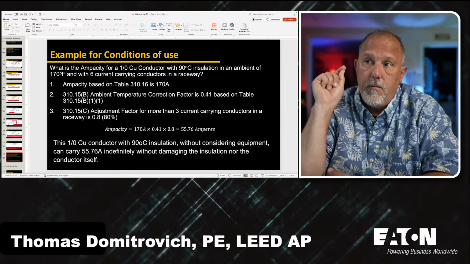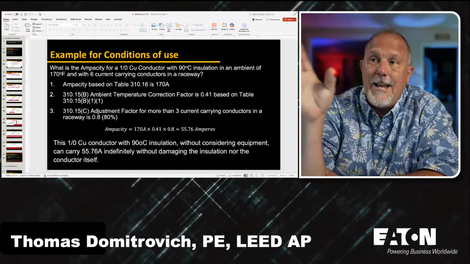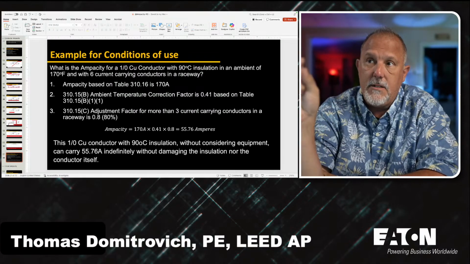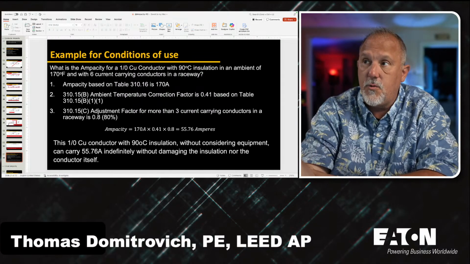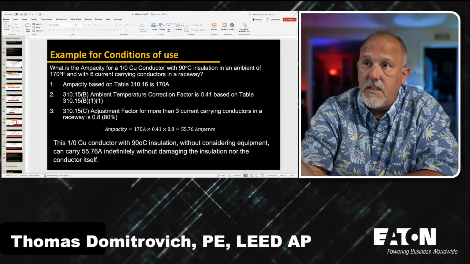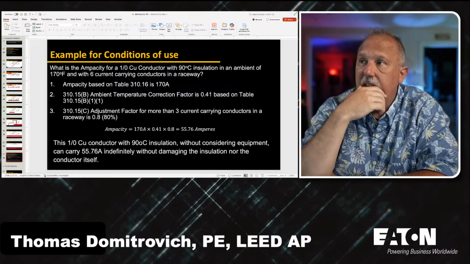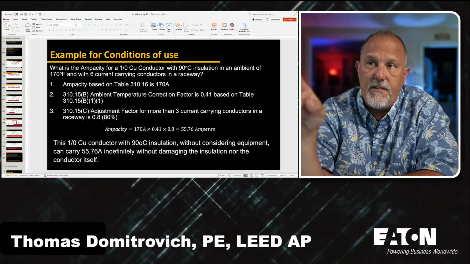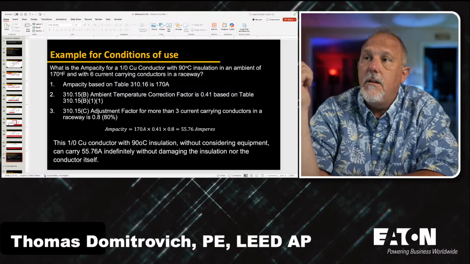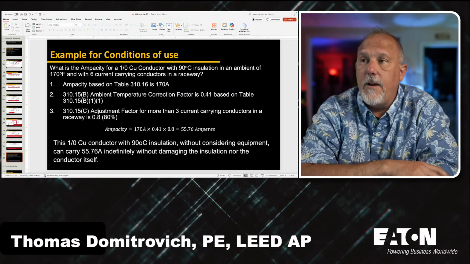All right, so we adjusted the ampacity from Table 310.16 based upon the conditions of use which we've identified: 90 degrees C insulation, 170 degree Fahrenheit environment, and 6 current carrying conductors in a raceway.